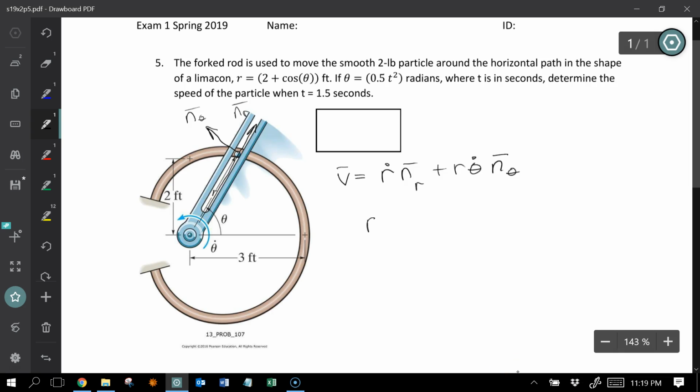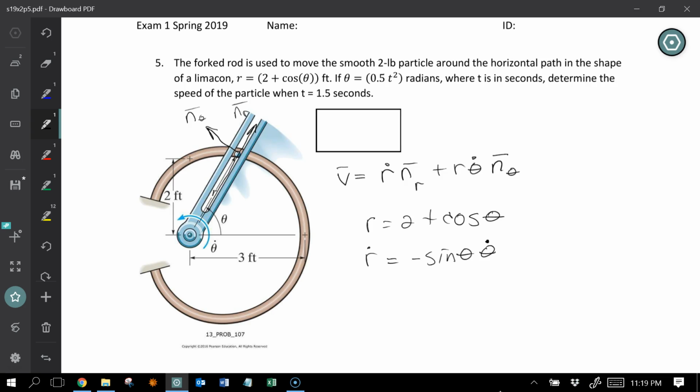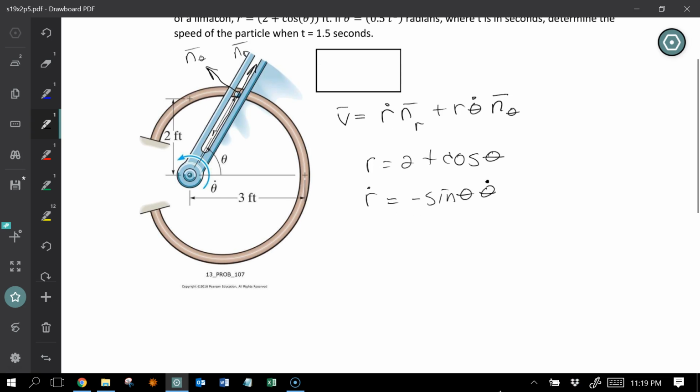Well, I know r is equal to 2 plus cosine theta. If I take a derivative of that, I'm going to need the chain rule. The derivative of cosine is minus sine of theta times theta dot. That's all I need, one dot terms, so I'm not going to bother to go any further.